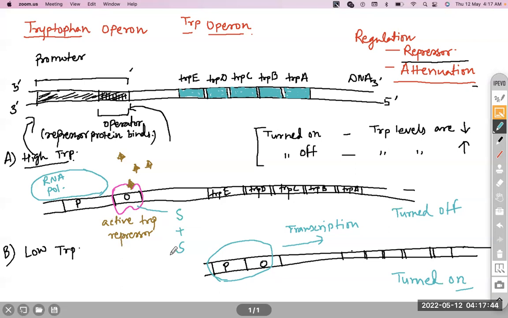And by this, it is preventing unnecessary biosynthetic enzymes from being made. Okay. So in the next class, we will see the attenuation mechanism of the regulation of tryptophan operon. Okay, students.